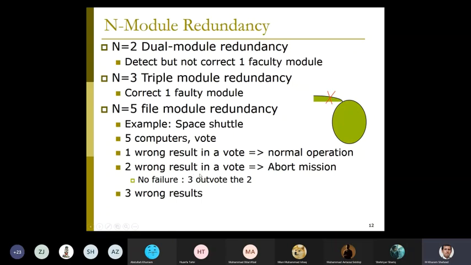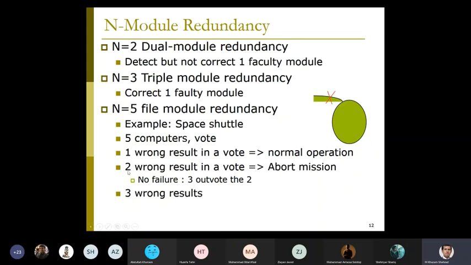If there are two wrong results or votes, results mean the votes, these 5 computers have one vote each. So if there are 2 votes which give the wrong result, the mission is aborted. Why? This is not a majority; 2 is still a minority, but we have to abort the mission because if another system fails, there is a total failure.